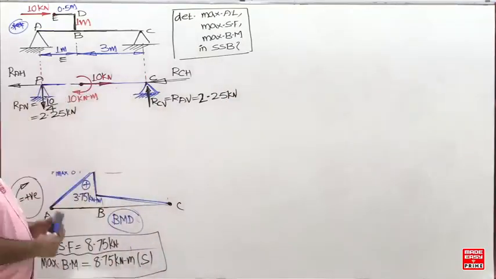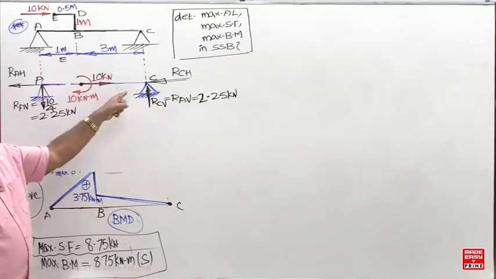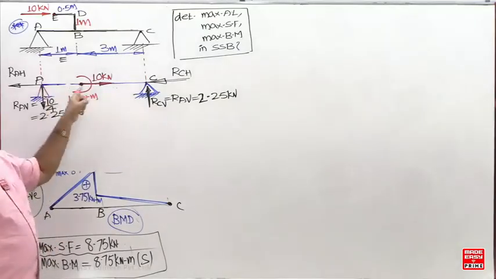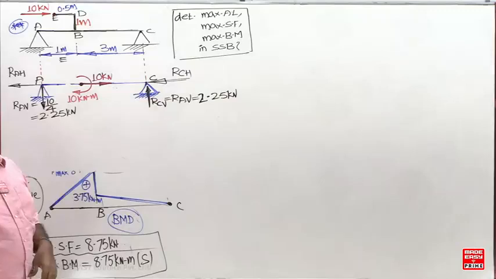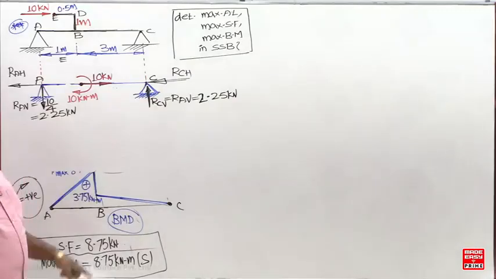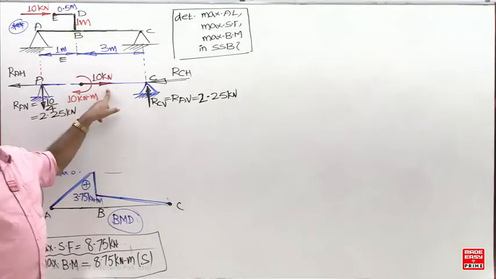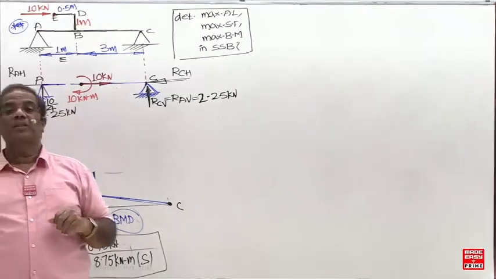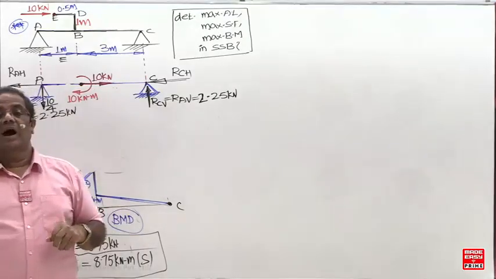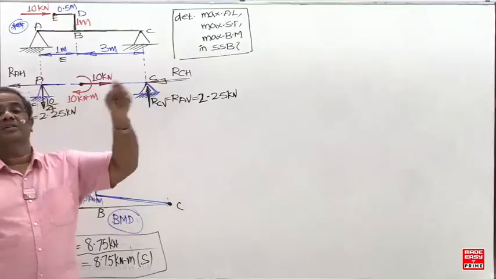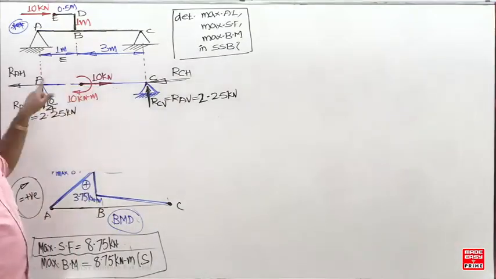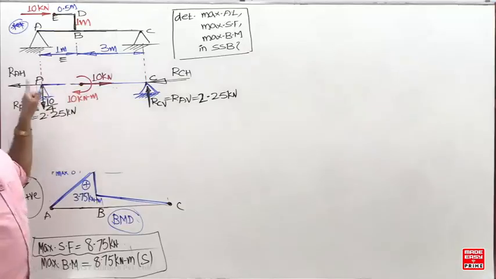Next, we can use this statically indeterminate bar fixed at both the ends. So how to find the horizontal reaction? When the bar is fixed at both the ends, using the shortcut method, horizontal reaction equals load into distance from the other end. So this 10 and the reaction, opposite direction or same direction?